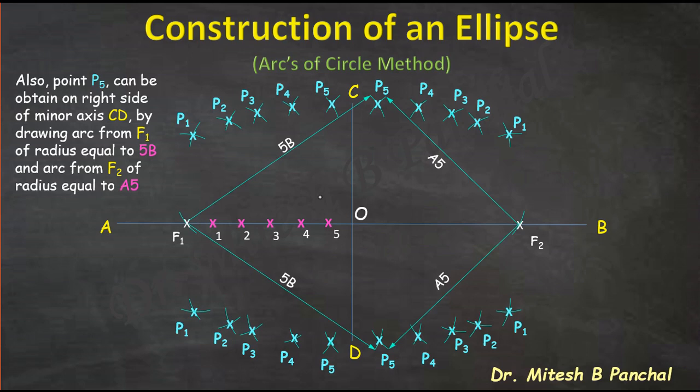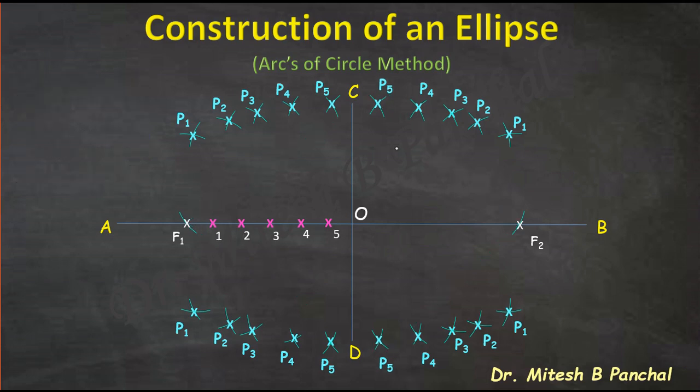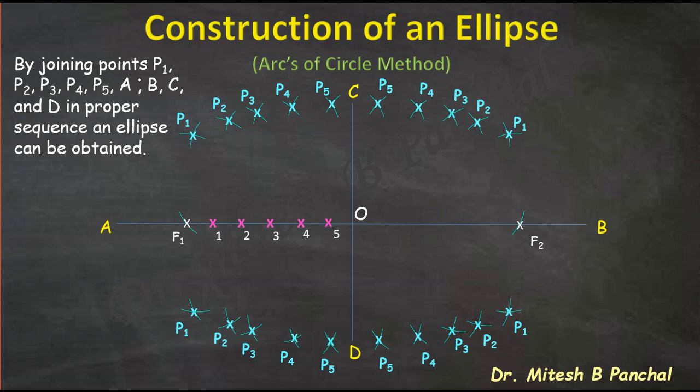So we can obtain P1, P2, P3, P4, P5 like this. Now, by joining points P1, P2, P3, P4, P5, A, B, C, and D in a proper sequence, an ellipse can be obtained.